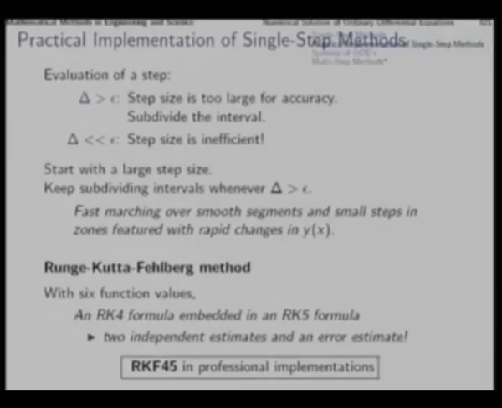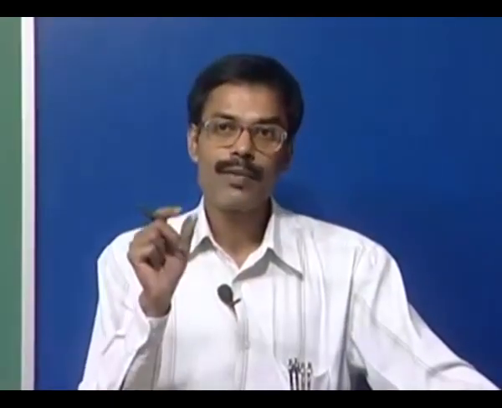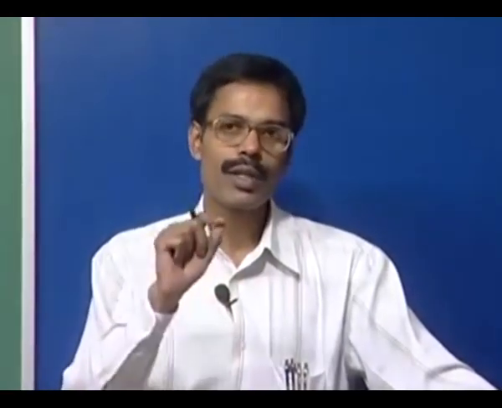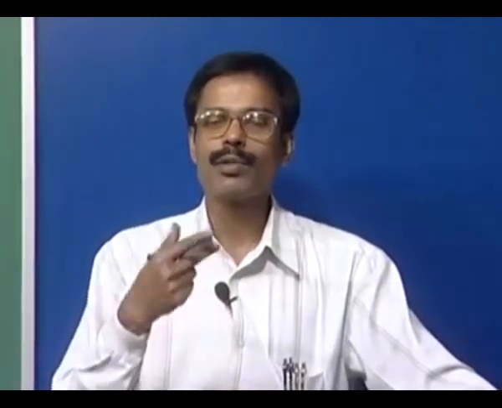Now, another interesting feature of Runge-Kutta method is that, as we discussed just now, with 6 function values we can get a fifth order Runge-Kutta formula. Not only that, using a different combination of those 6 function values, you get another formula which is a fourth order formula.